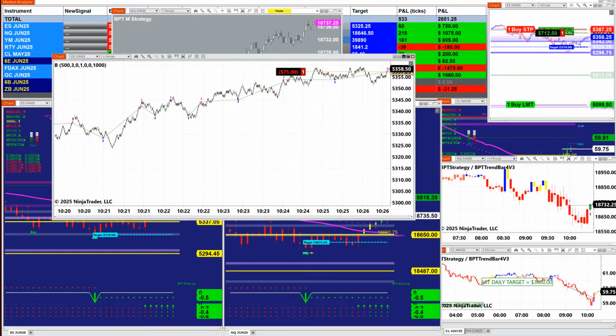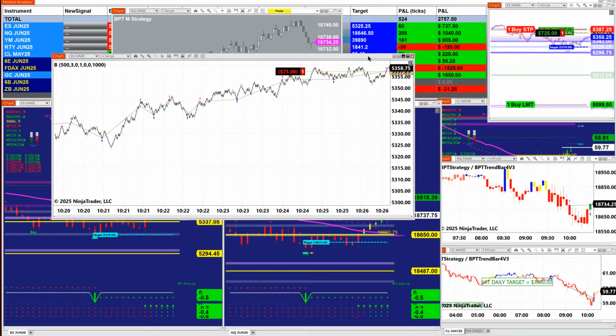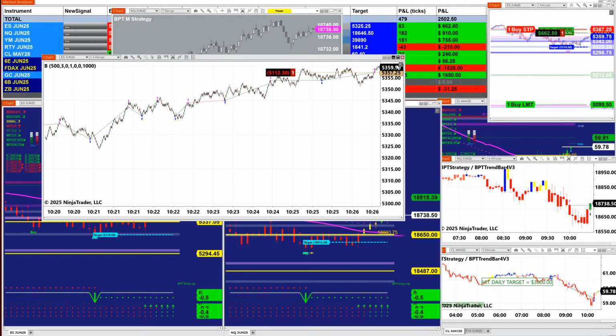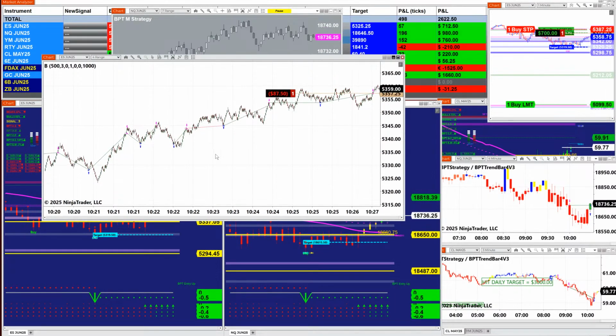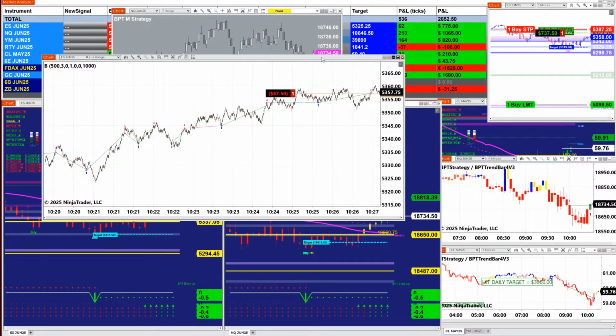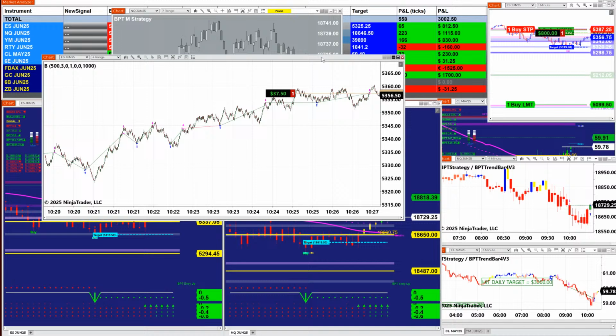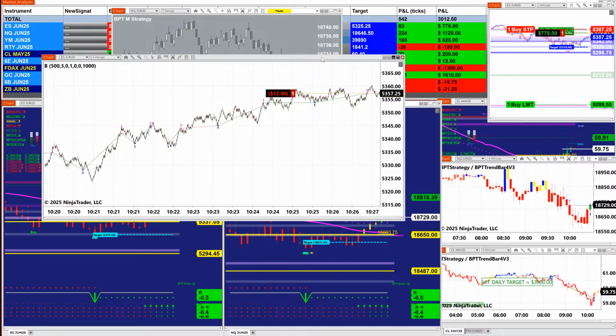Right now we are at 7,262, and it's going to keep going all day long. You can see the trades are constantly reversing the market. How many scalpers do you know?